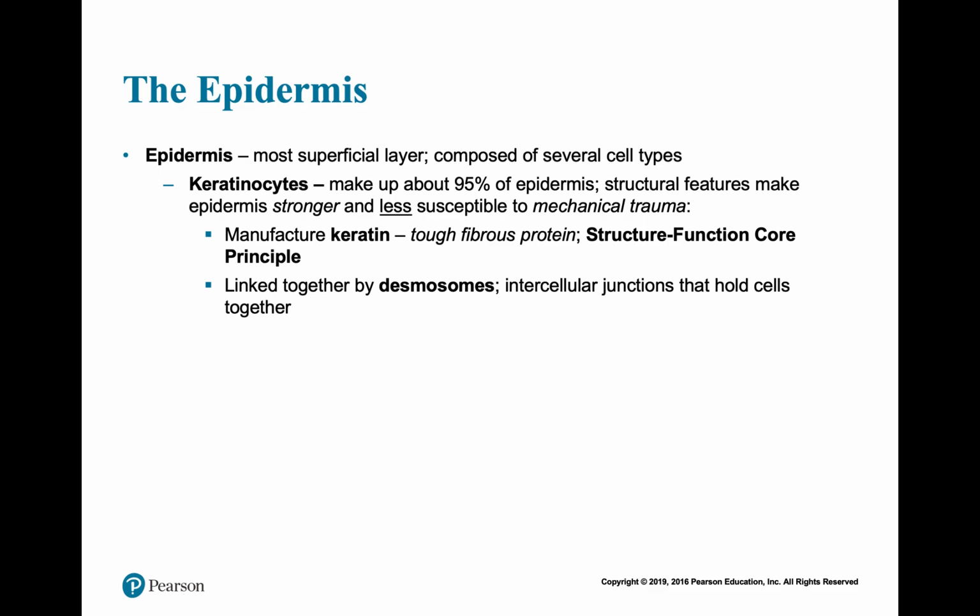Okay. So these keratinocytes, which make up the bulk of the epidermis, main function again is to produce keratin, which is a tough fibrous protein. These cells will also be linked together by intercellular junctions called desmosomes. Remember, we talked about desmosomes in chapter 4.